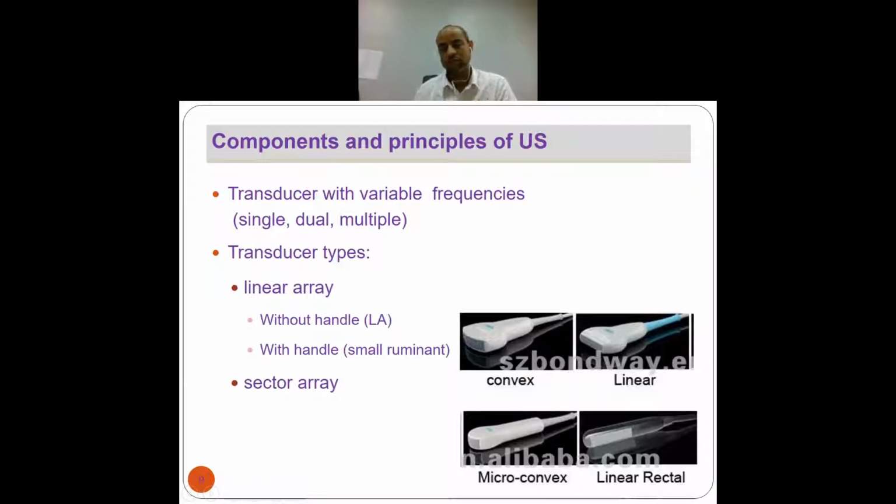Sometimes they refer to it as a curved one, but I think convex or sector array probe is the most preferable terminology. This convex probe can also have a smaller size, referred to as microconvex, and a little bigger one, which is a macroconvex type of probe. I think I showed you these different varieties of probes last week from the lab.